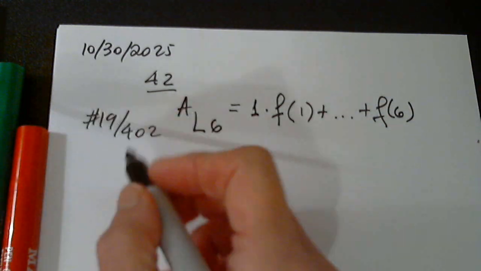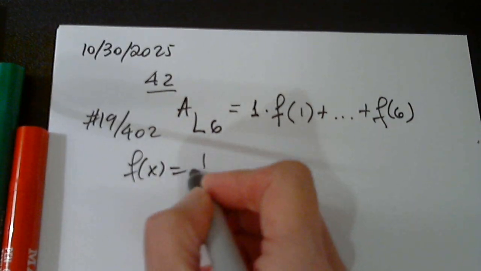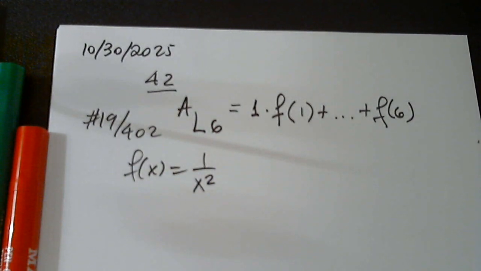Now the function that they gave us is 1 over x squared. Luckily, the base is just 1. So I can disregard that because multiplication by 1 is not going to change anything.